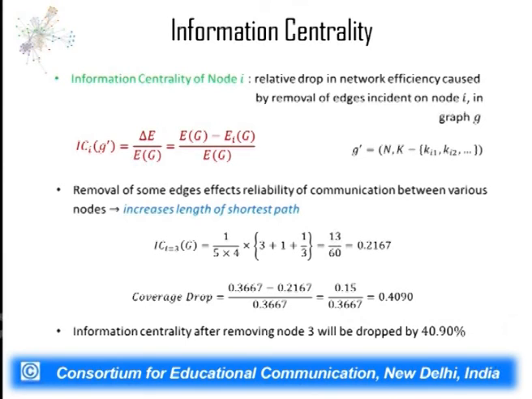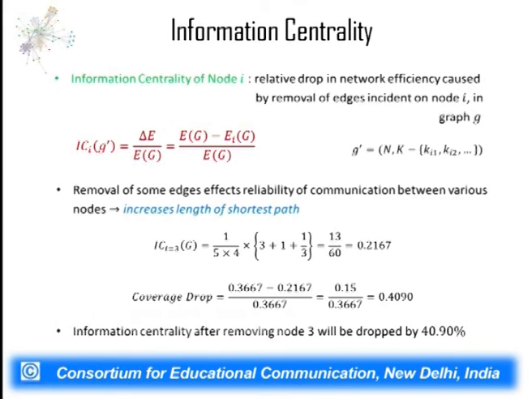This is what information centrality is, because we go by the general basic conception that information travels in any graph, be it a technological graph or a communication graph or any kind of graph, and any message that is being traveled would take a shortest path.